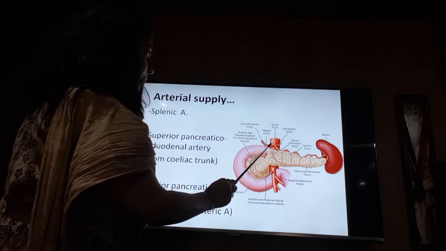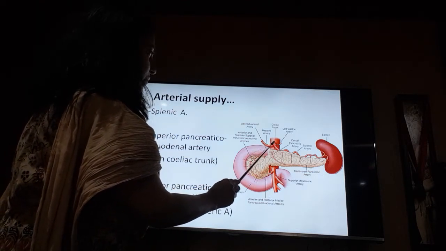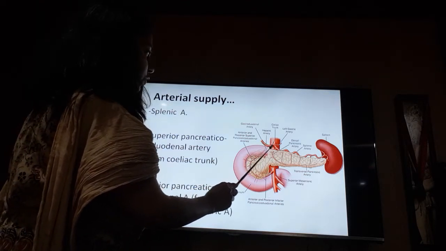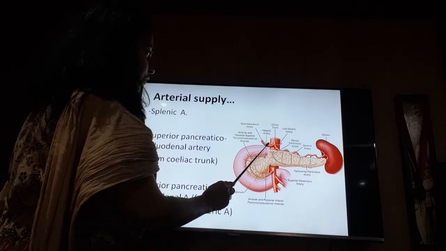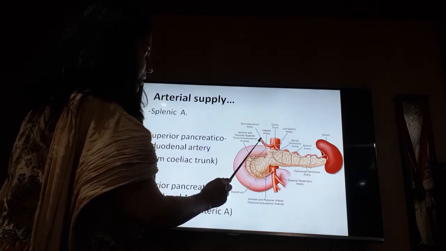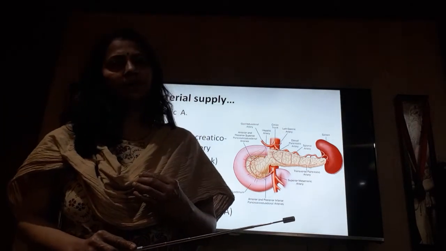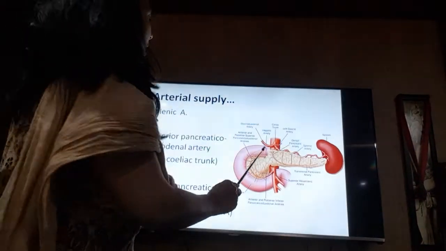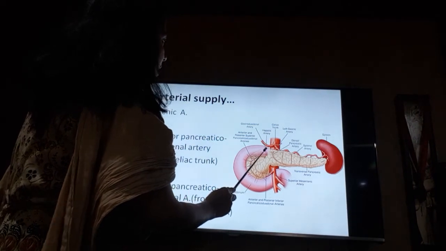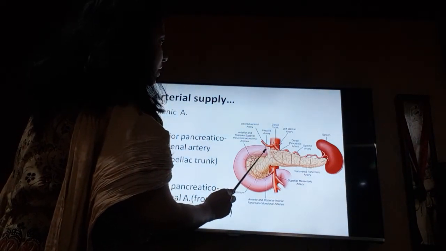Here you can see this celiac trunk has given one more branch. This was the common hepatic artery, which gives off one hepatic artery, which is to supply the gallbladder as well as the liver. And one branch is coming down. And what is that? Gastroduodenal artery.